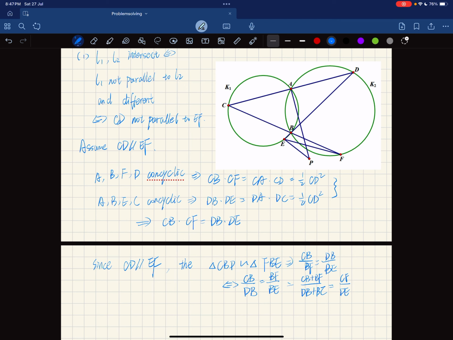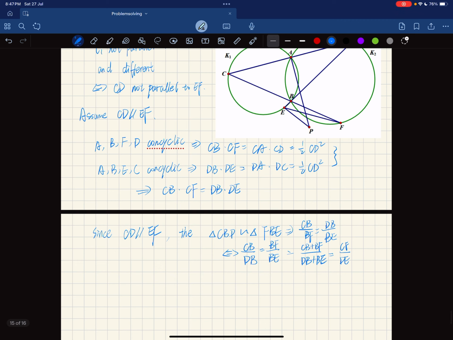Here it is BF, not BC. So what can we get from this part here? Notice that here and here we can have CB times DE equals CF times DB.